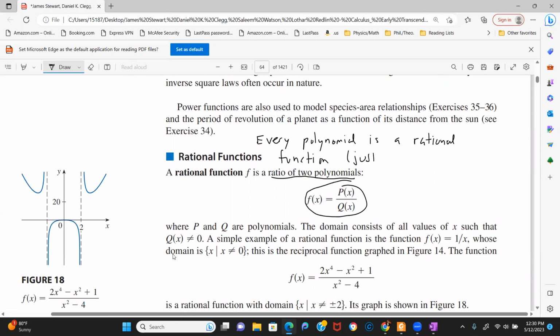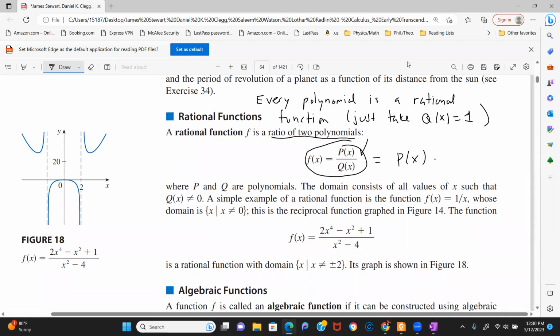You just take q of x to be the trivial polynomial, just always one. In that case, this fraction just reduces to p of x. So every polynomial is a rational function, but actually not the converse.